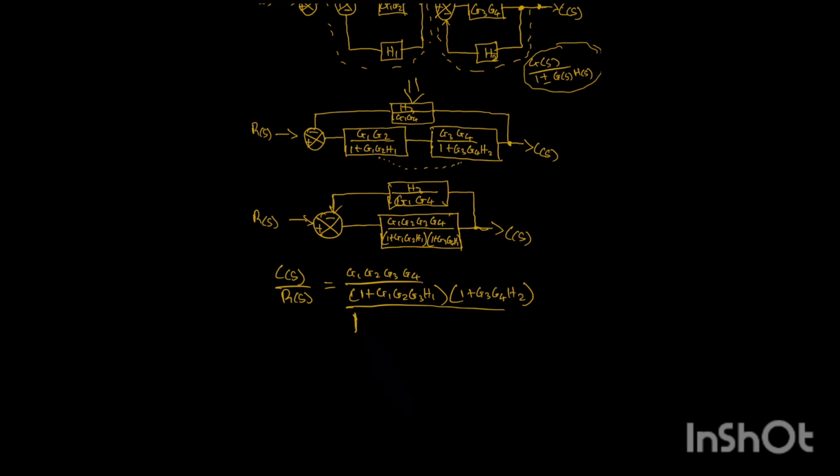This one now would govern, let me write it now so that you will know. 1 plus G1, G2, G3, G4 all over 1 plus G1, G2, H1 into brackets 1 plus G3, G4, H2 times, we are going to call this one H. You understand it? Times H, which is H3 all over what?